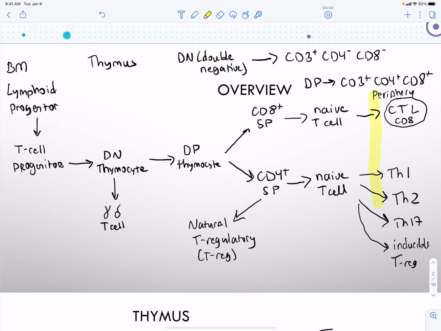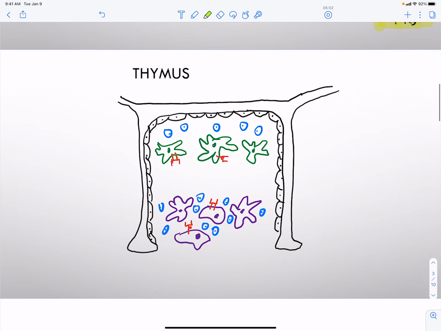So we have our periphery over here, and this is occurring after the T cells become activated, and then everything else occurred either in the primary lymphoid tissues. We have our bone marrow on this end here, and then most of the T cell development, of course, will take place in the thymus. There's our bone marrow.